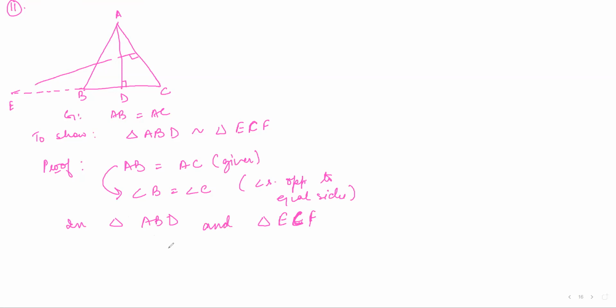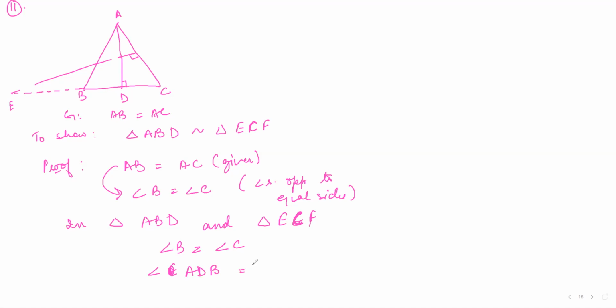Now I'm taking the triangles. Now in these two triangles, I have angle B is equal to angle C. And which you are saying that angle ABD I'm taking. ABD means I have to take this angle. ADB, right? Yes.